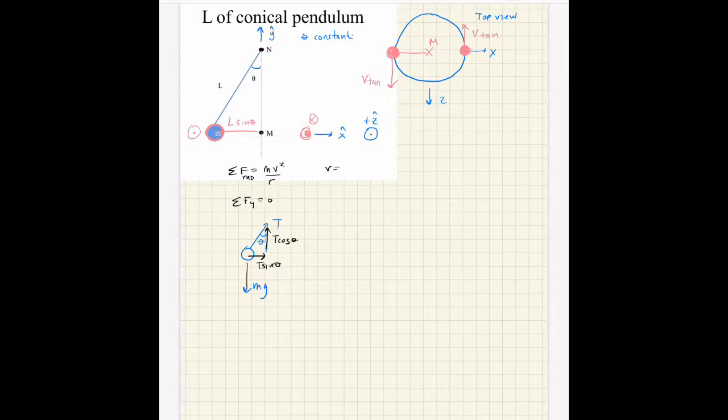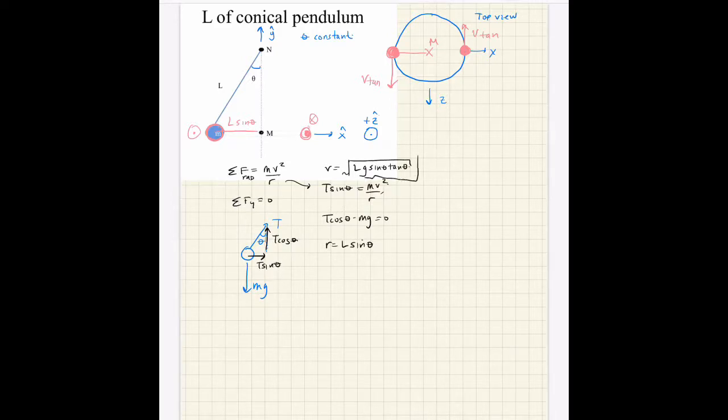And so the sum of forces radially inward is just T sine theta, and the sum of forces in the y is just T cosine theta minus mg equals 0. When I also plug in that r is L sine theta, the radius, I can solve v to be the square root of L g sine theta times tangent theta.